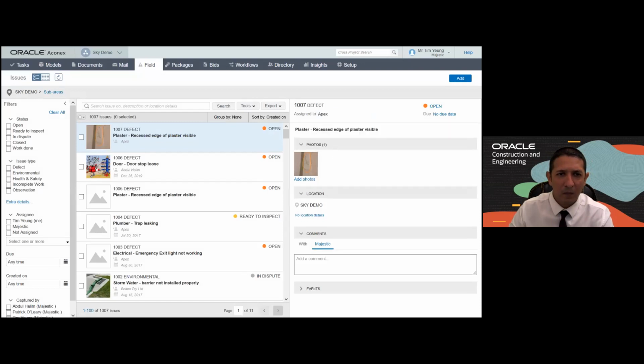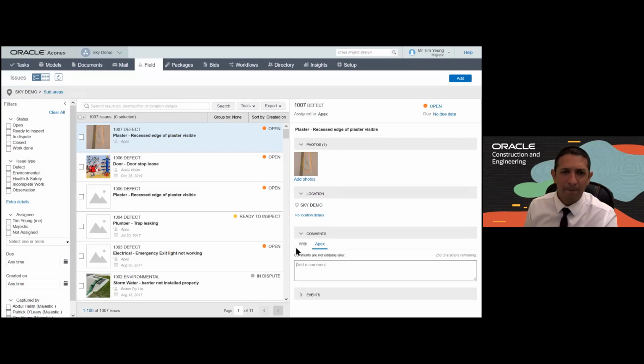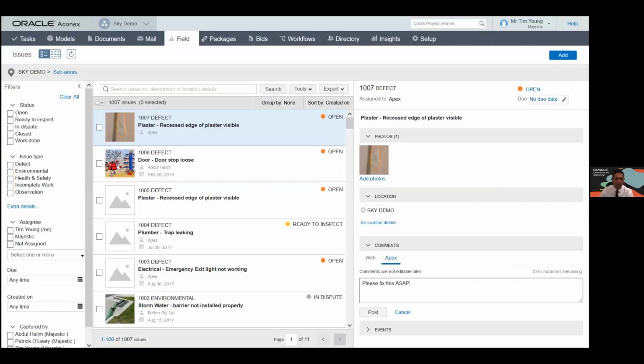Who are we going to assign this to? Comments: yeah, please fix this. You can even give them a due date, for instance, and then you add this. So you're able to do all these things very quickly, and there will be an audit trail.